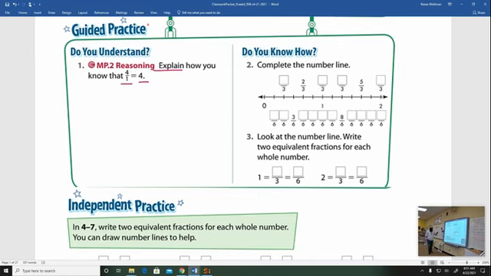So in this case, how could we say this as a sentence? How could we say it as a complete sentence? Let's give me a complete sentence for this one. Yeah, Jack? It's 4/1, not 1/4.